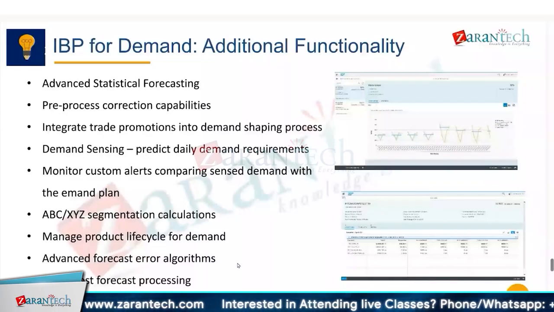Then the promotions, trade promotions, and demand shaping process. For example, for trade promotions, whenever you are planning the promotional activities, you will see a big spike in the demand. One point is that this is good for the revenue because the revenue is increased for the particular period.